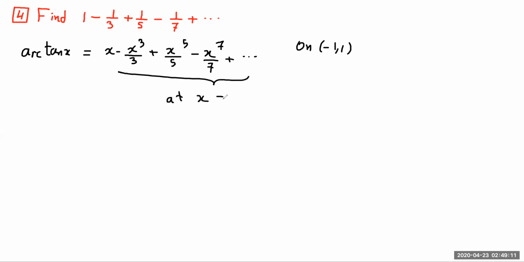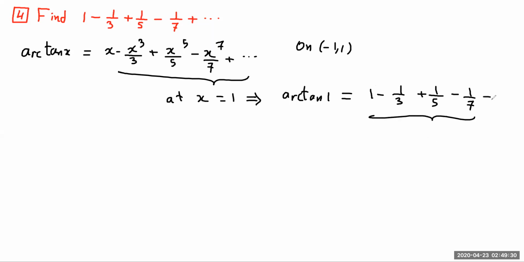At x equal 1, I will have arctangent 1. It will be 1 minus 1 over 3 plus 1 over 5 minus 1 over 7, and so on without stop. So this is the sum of (-1)^n over (2n + 1) from 0 to infinity.